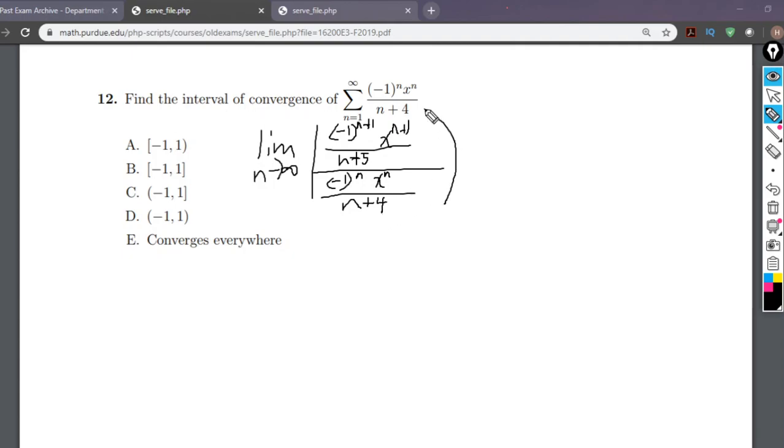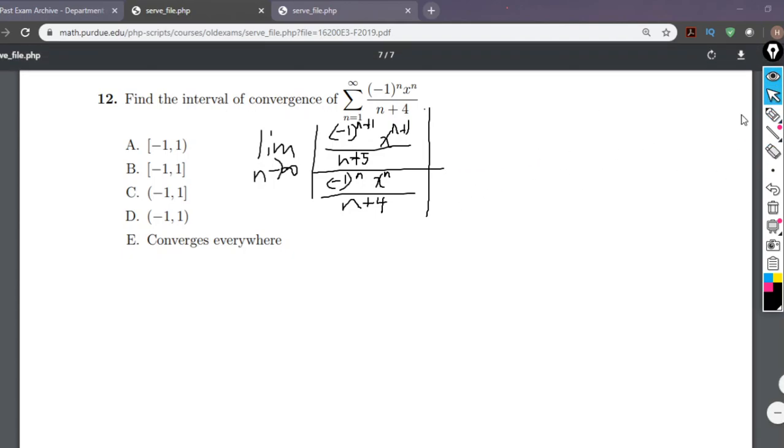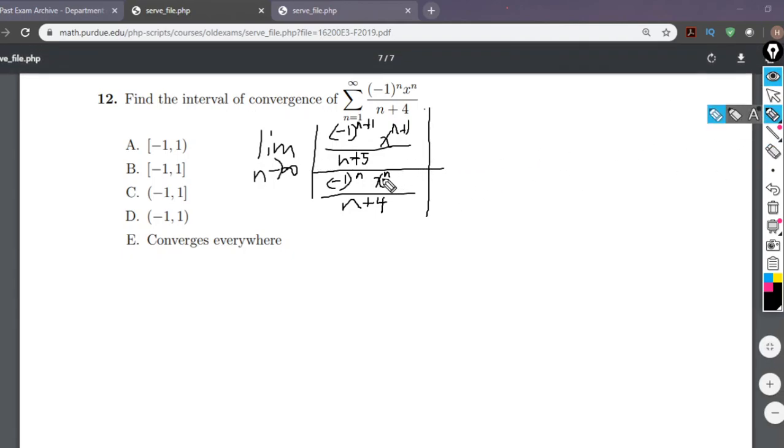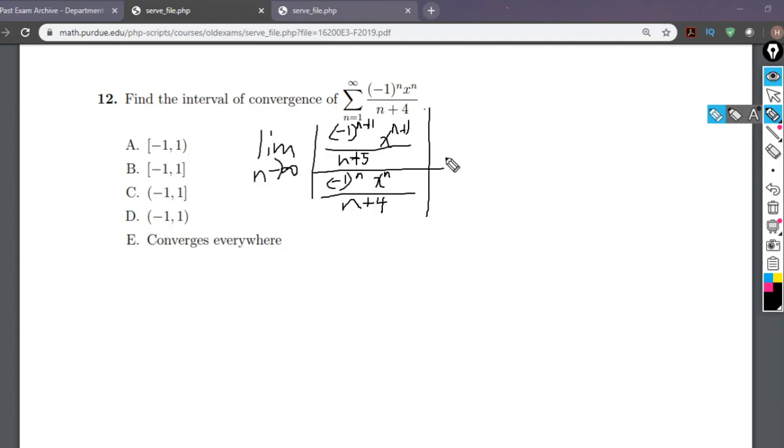Oh, that should be absolute value. And then this, once again, we try to rearrange this. So, I think it was question 7, I think, talk about the negative ones with absolute values.